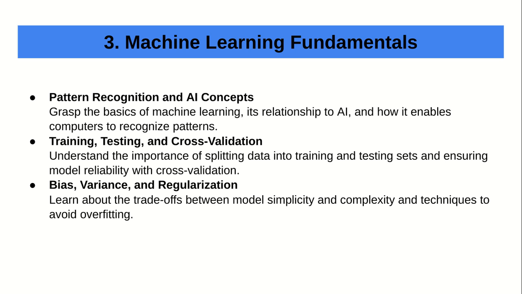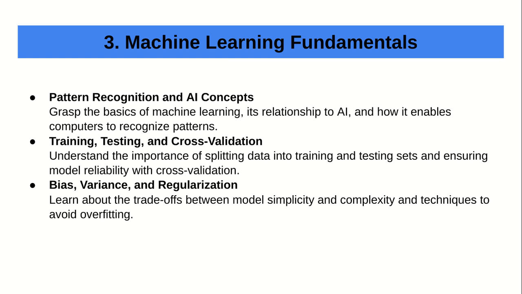So after data analysis, we're going to look into the fundamentals of machine learning, and inside it we're going to study pattern recognition. We're going to study the training and testing phases of machines. We're going to look into bias and variance and regularization.